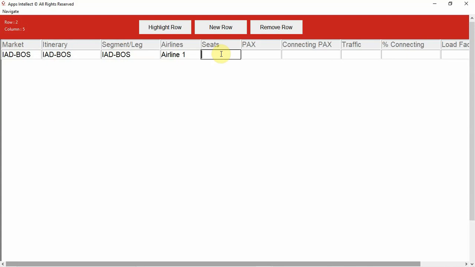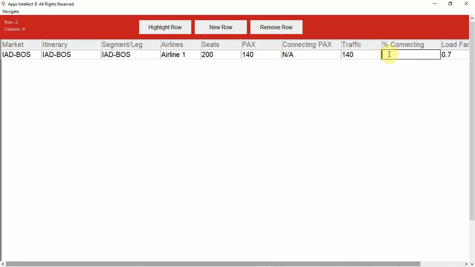The number of seats the airline is providing on this route is, say, 200 seats, an aircraft which has 200 seats. The number boarded is 140. This is a direct flight from Washington to Boston, so connecting passengers are not applicable. The traffic is 140 passengers flying.